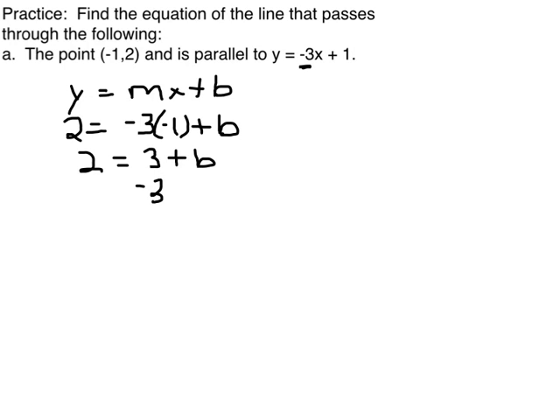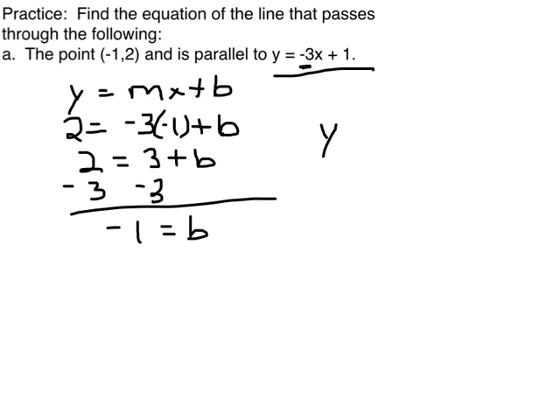I'm going to subtract 3 from both sides, and I find that b is equal to negative 1. So then the equation of the line that is parallel to this would be y equals negative 3x minus 1.